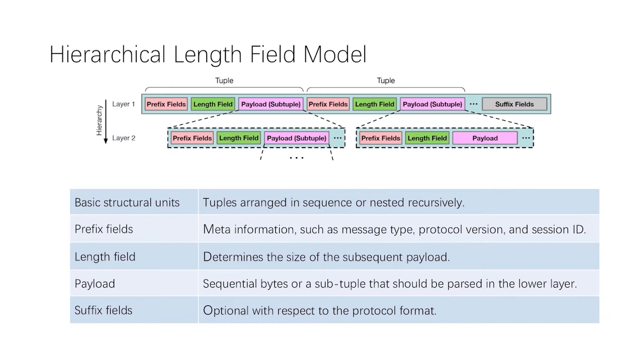The suffix fields are optional with respect to the protocol format, which may store the message authentication code of preceding byte sequences. Based on the hierarchical length field model, we develop an algorithm for the search and selection of length field pattern candidates.